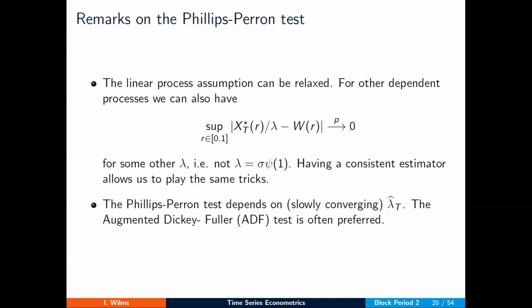In practice, the test statistic that we will discuss next, namely the augmented Dickey-Fuller test, is also actually preferred over the Phillips-Perron test, as this long-run variance estimator only slowly converges. Also in the boot UR package, we only implemented the ADF test for that reason.